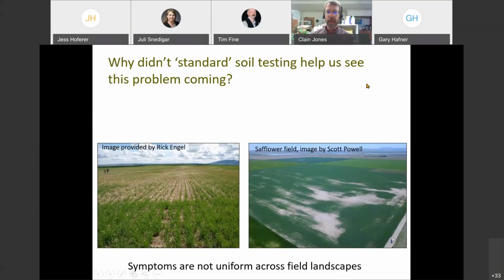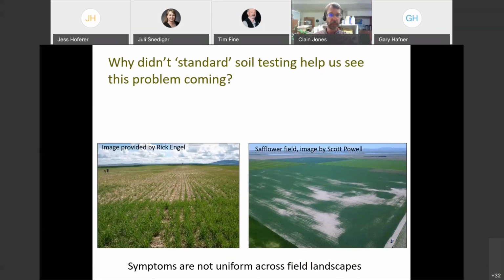So one question might be, why did this problem sneak up on us? Meaning in 2014, I didn't know it existed. In 2015, we started hearing reports of low pH. One issue is that typically a field is sampled in maybe 6 or 8 locations.